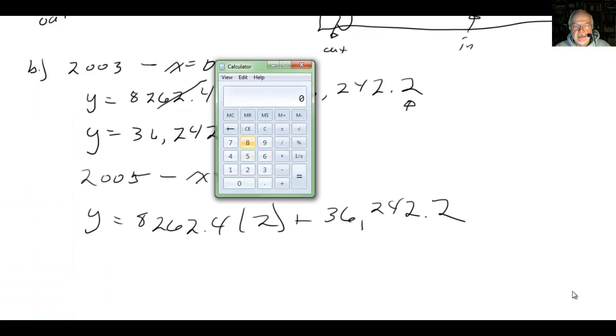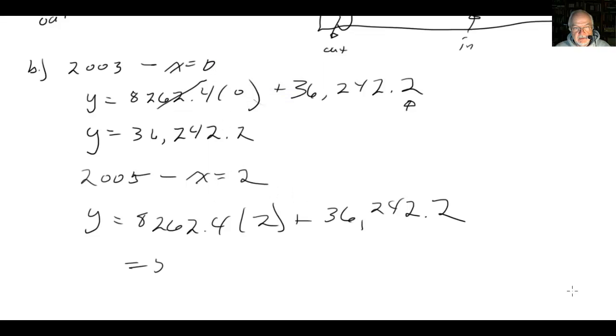All right, I'm going to need my handy-dandy calculator for this. 8,262.4 times 2 equals that whole mess, plus 36,242.2, equals 52,767.